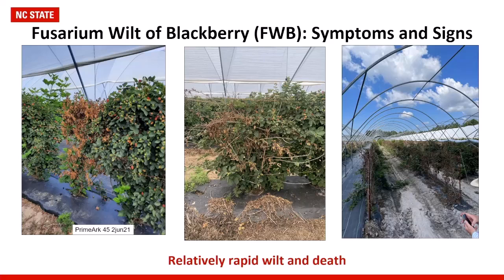If we start to sequence this FOM, it has a very similar sequence to the Fusarium that infects strawberries. So could there have been some change in the gene that now we had a jump from strawberries to blackberries? Maybe. It's kind of like the Neopestalotiopsis issue. Where did it come from?